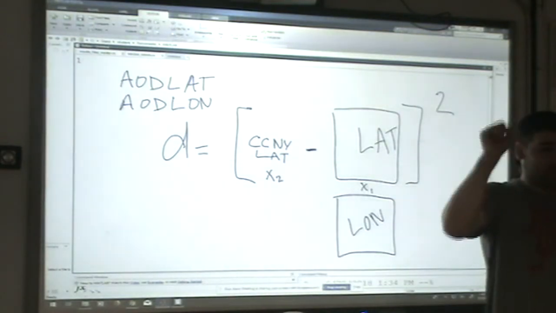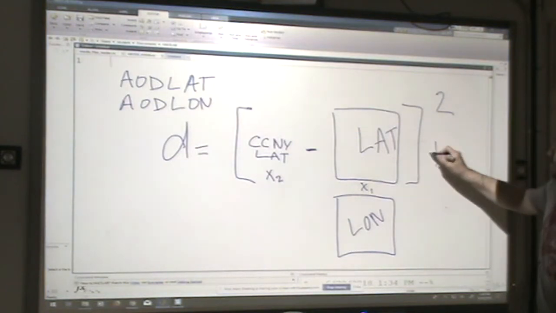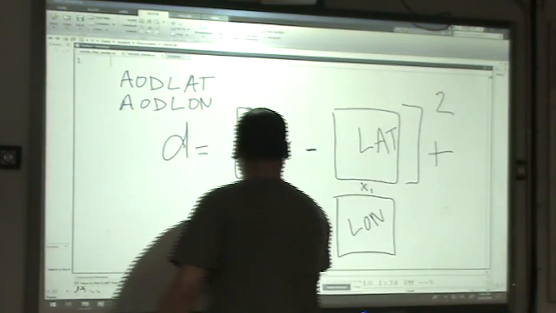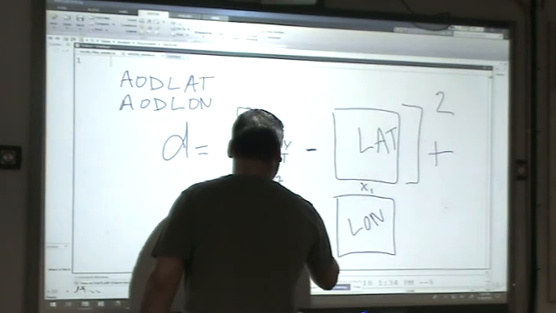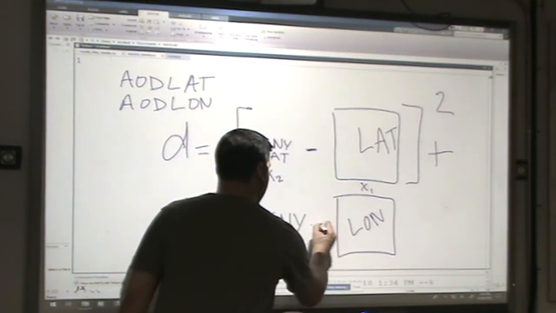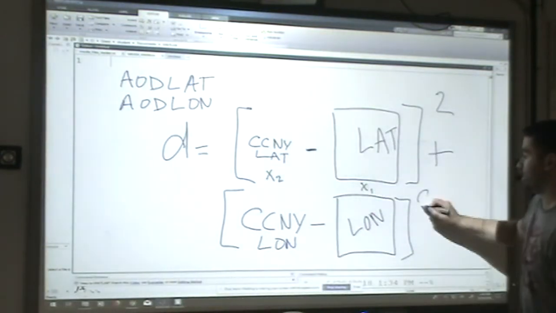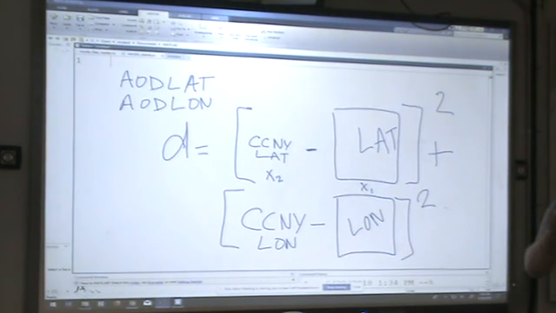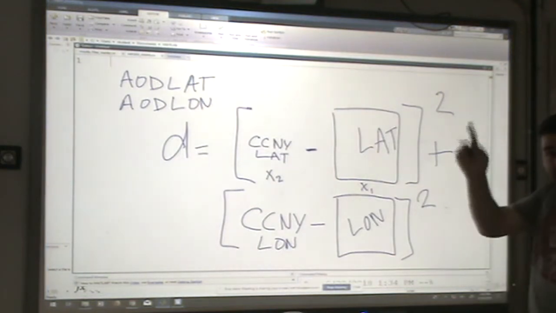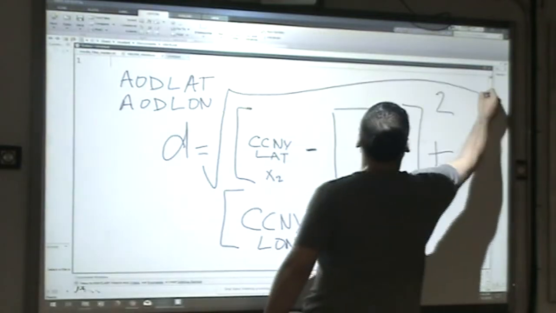The dot before the raised to the power. Plus CCNY long minus that, squared, dot squared. We're doing element by element operation. And then the whole thing, square root.